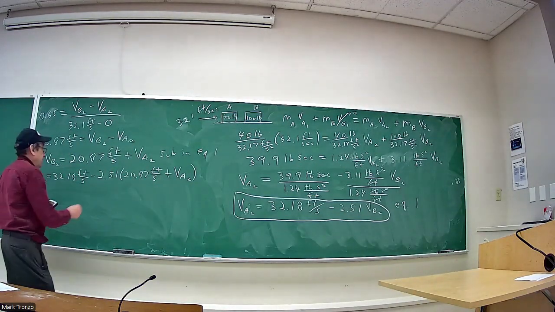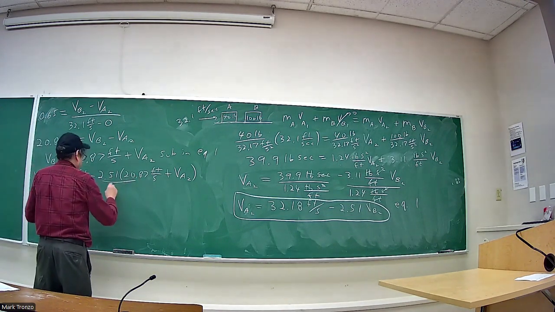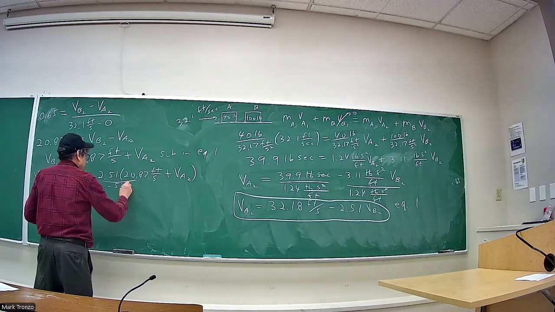Now we multiply these two, and this is going to give us minus 52.37.